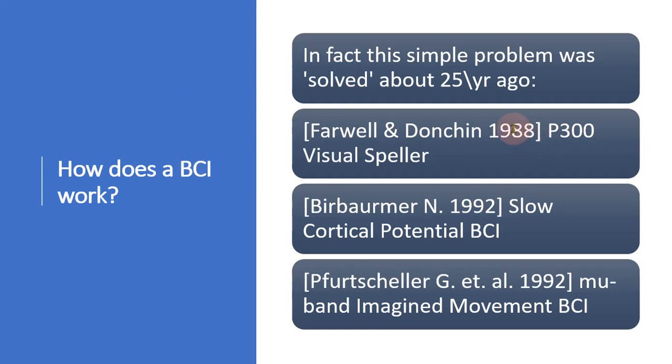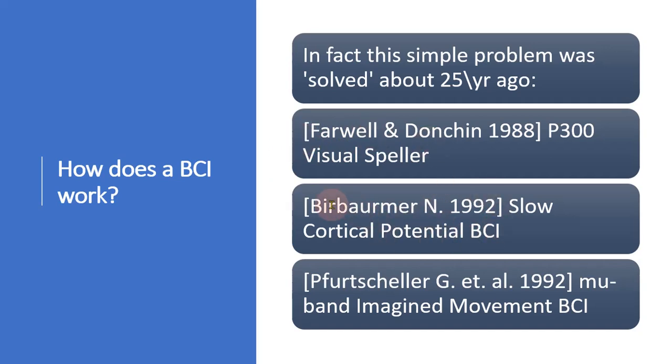For instance, in 1988, the first ever BCI-based communication device was developed by Farwell and Donchin. They used P300 waveforms and electroencephalographic data to spell out letters and characters. It's quite a long time ago, right? And even nowadays, these P300-based BCIs are very popular and widely used in real-world applications.